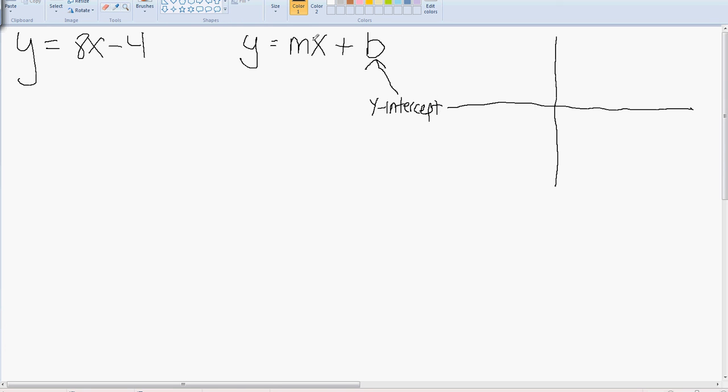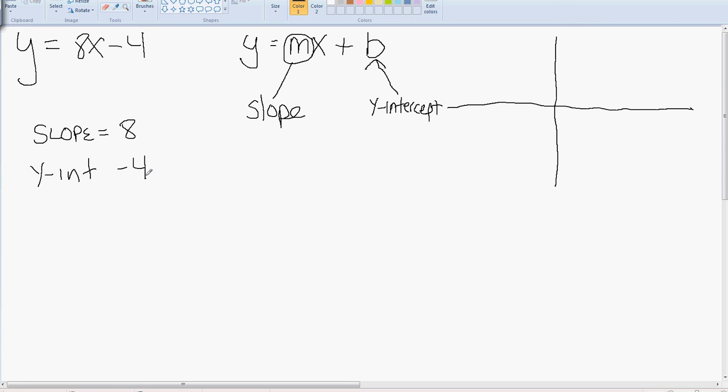The slope of this line is located in this number in front of the x. Now it's only when it's in this solved form that this m is equal to the slope.